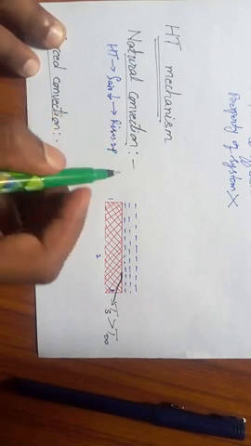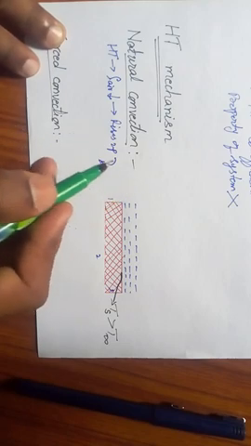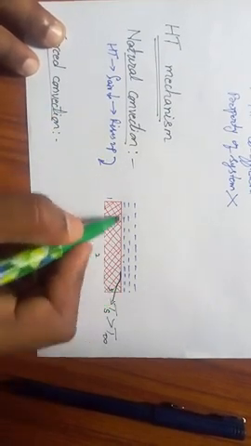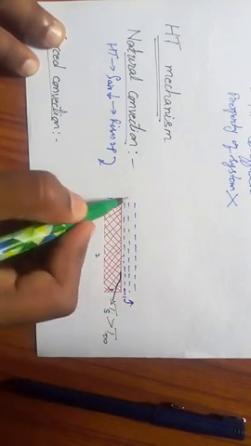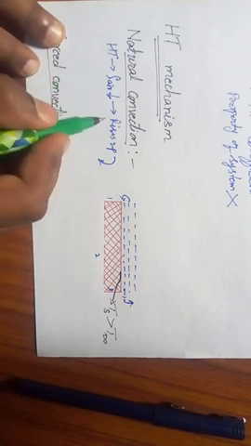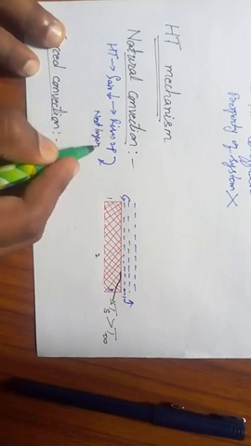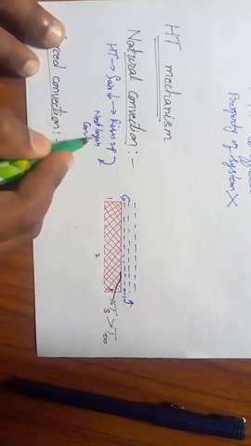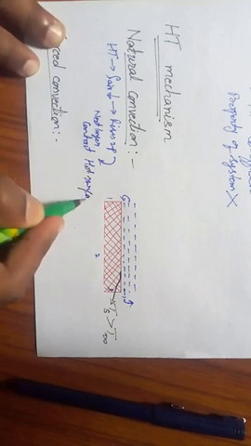As a result of this movement, the second layer comes in contact with the hot surface, as soon as the first layer of air rises up.